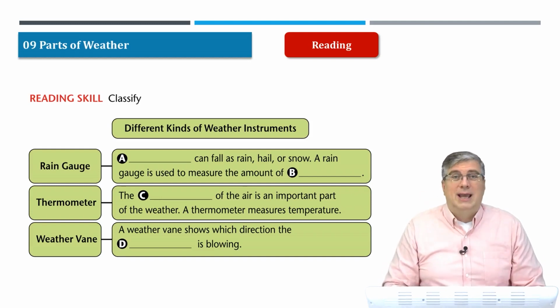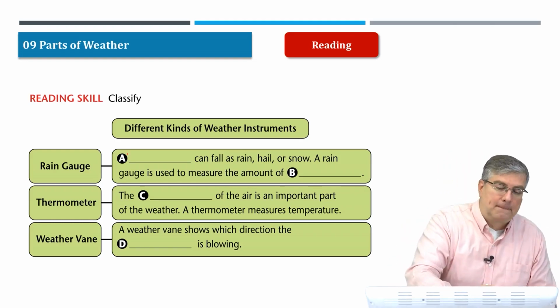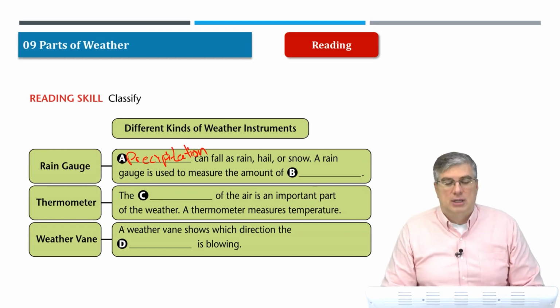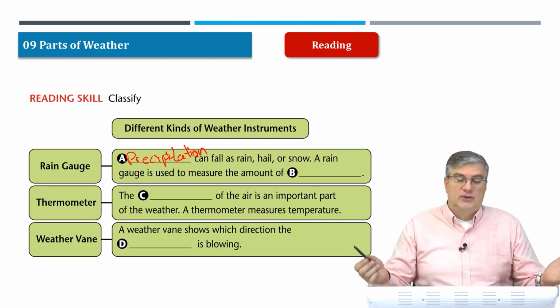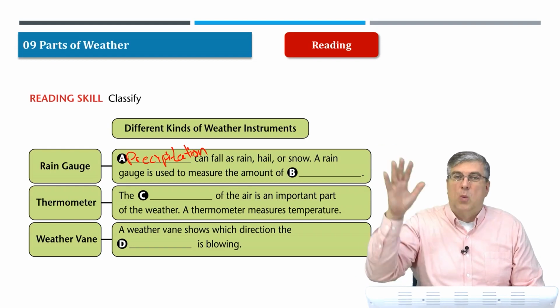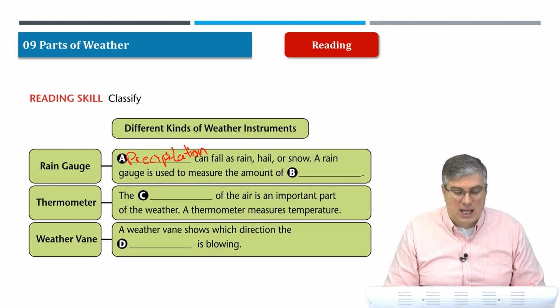It's a long word. It has 5 syllables. It's, of course, precipitation. Precipitation. It can fall as rain, hail, or snow. Precipitation is just water that falls from the sky.